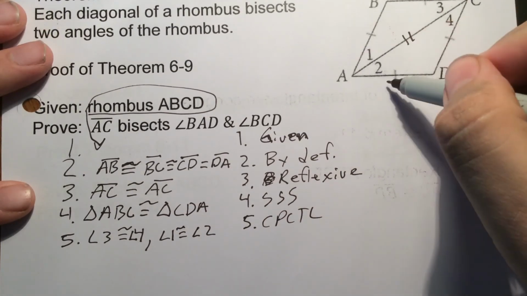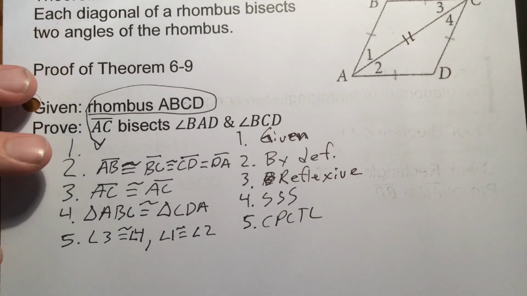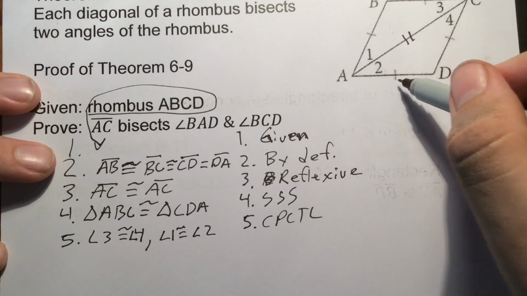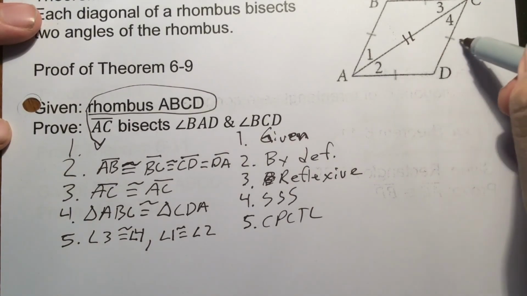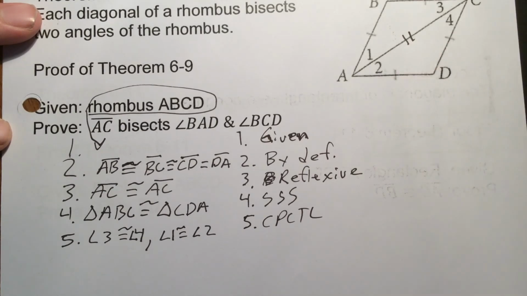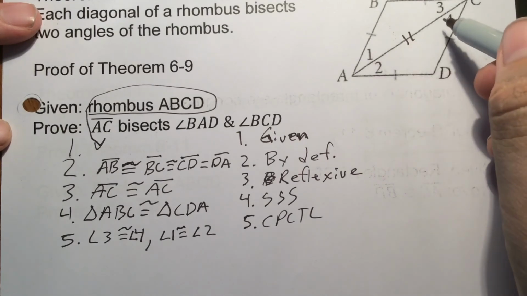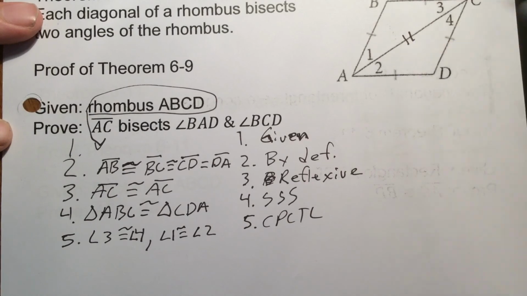Because if they're matching up, 1 and 2 would be congruent, 3 and 4 would be congruent. If you look at it another way, these are actually isosceles triangles, and if the two sides are congruent, then the base angles will also be congruent. So it really wouldn't matter if we did 1 and 4 and 2 and 3, or 3 and 4, 1 and 2, because they're all going to be the same.